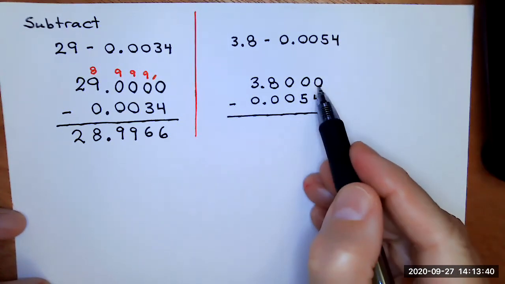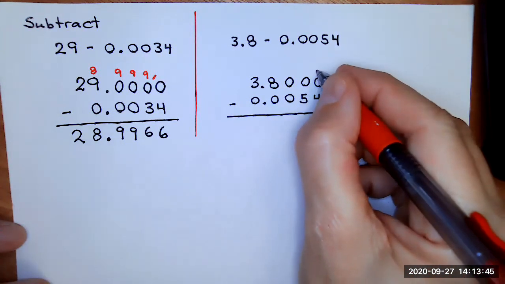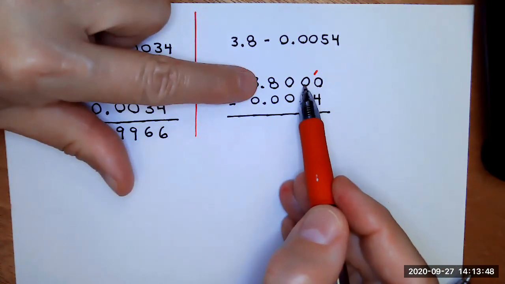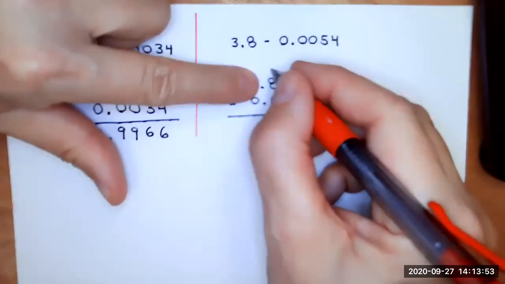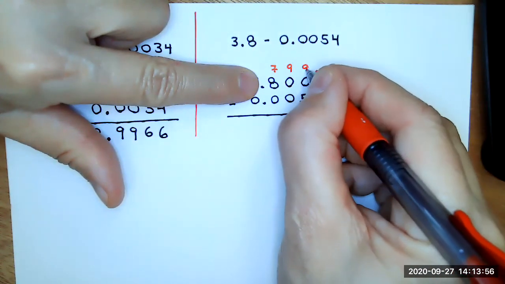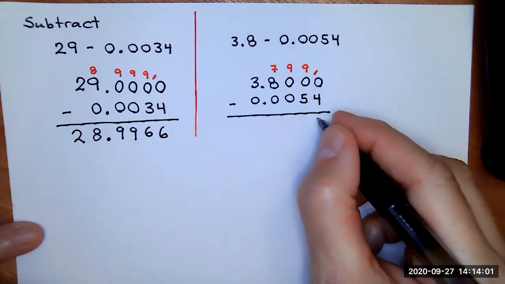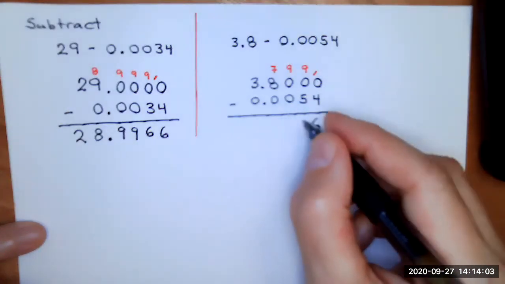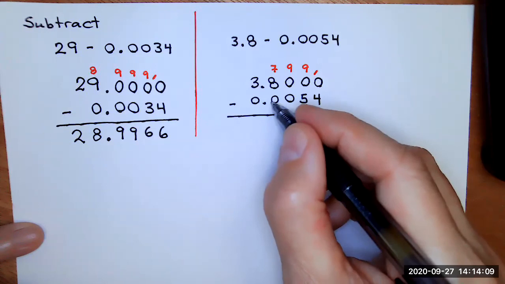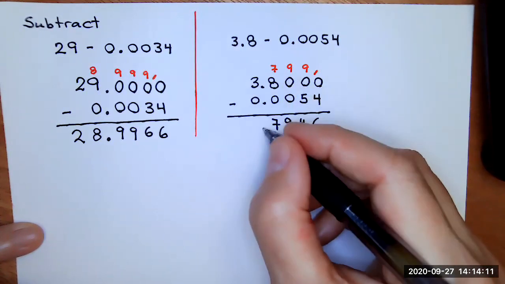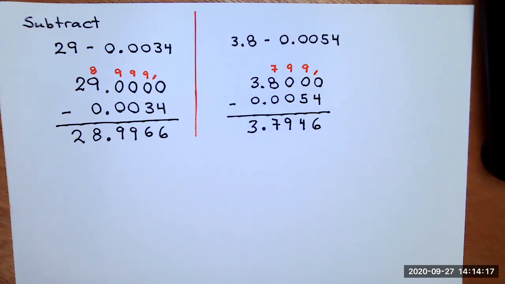And then you can either do borrow, borrow, borrow, or I like to think of it as I'm taking 1. I just go over to the next non-zero digit, take 1 out of 800, and I get 799. 4 out of 10 is 6. 5 out of 9 is 4. Nothing out of 9, 9. 7. Bring down your decimal point. And that's it.